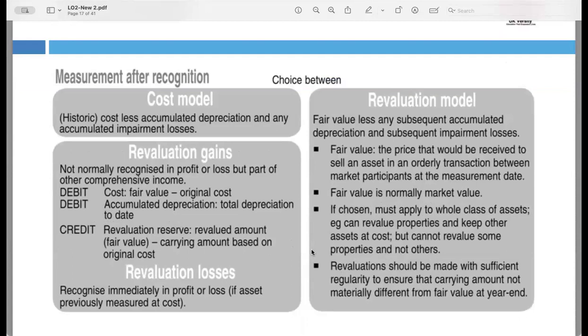Under the cost model, assets are carried at their historical cost less accumulated depreciation and any accumulated impairment losses. This model ensures that the value of assets reflects their original purchase price adjusted for usage and wear over time.